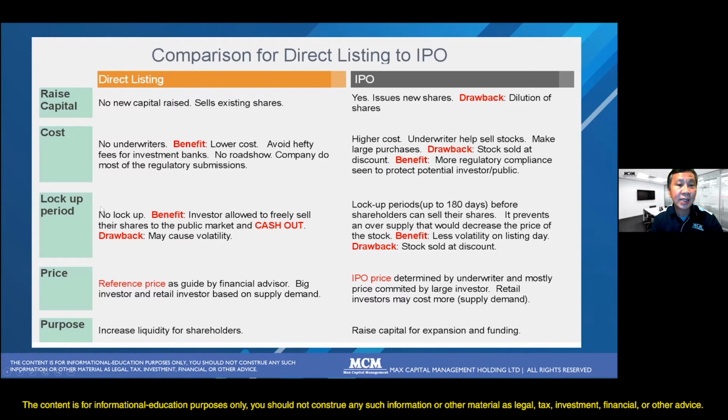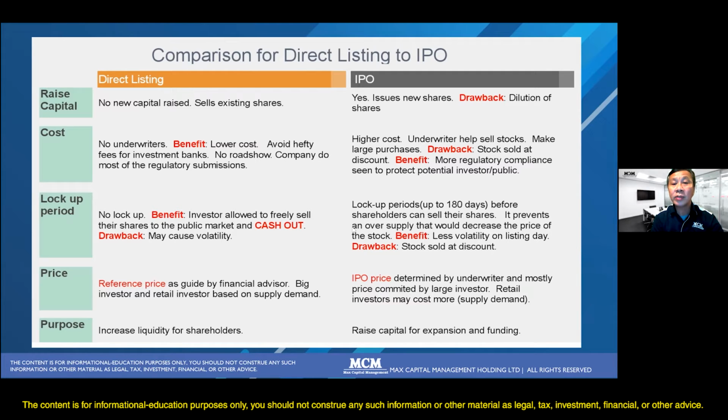In direct listing, there is no lockup period, so it'll be beneficial to investors because it allows for shares to be freely sold to the public market and cash out even on day one, at listing day itself. However, sometimes this may cause volatility, the price going up and down.